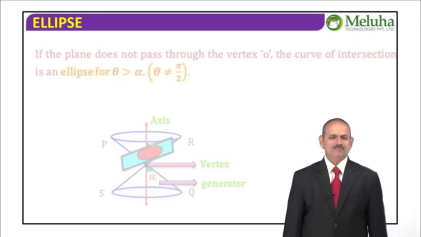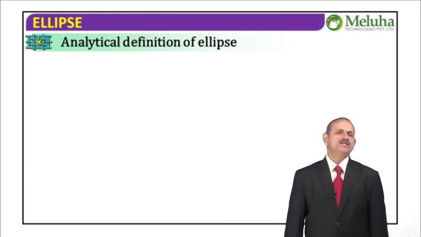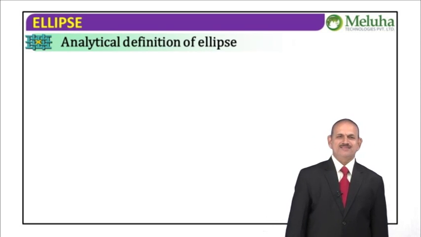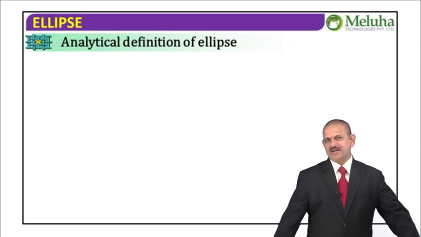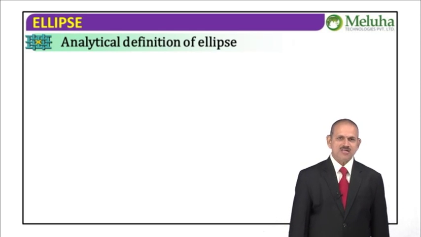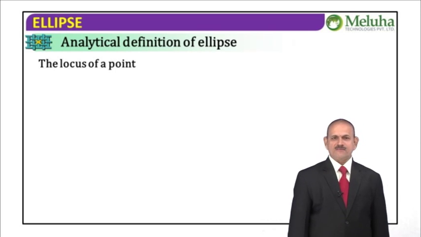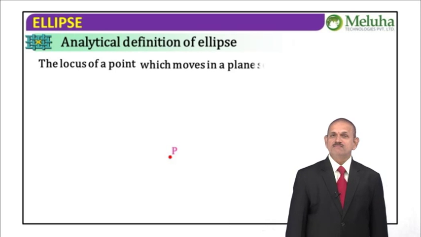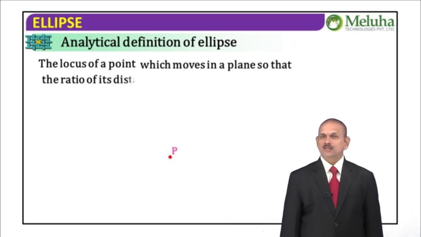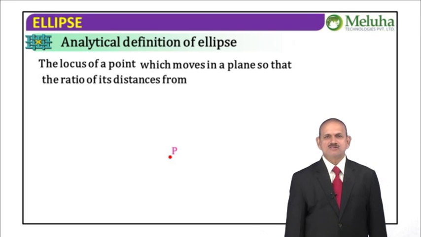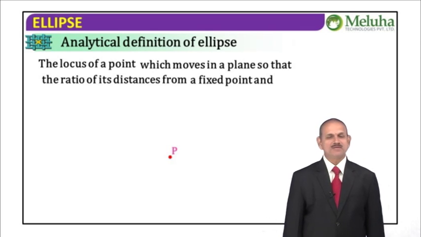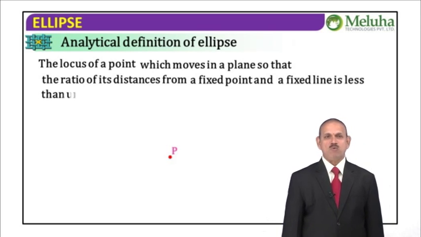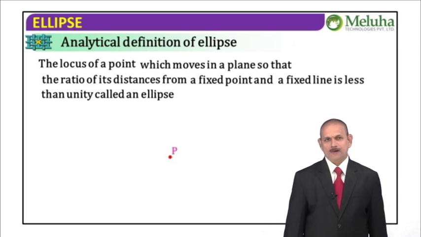Yes. Next one. The analytical definition of an ellipse. With respect to analytical geometry, that is coordinate geometry, we are going to see in what way we can define an ellipse. The locus of a point which moves in a plane such that the ratio of its distance from a fixed point capital S and from a fixed line L is always less than unity.